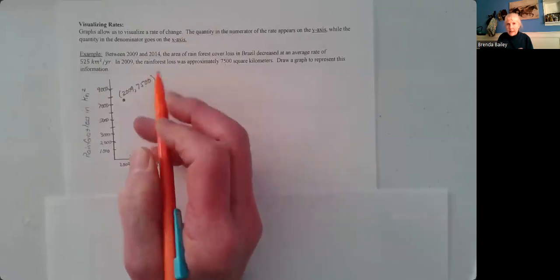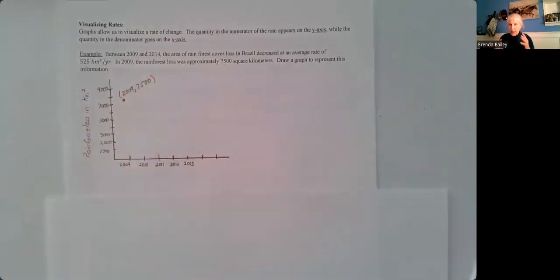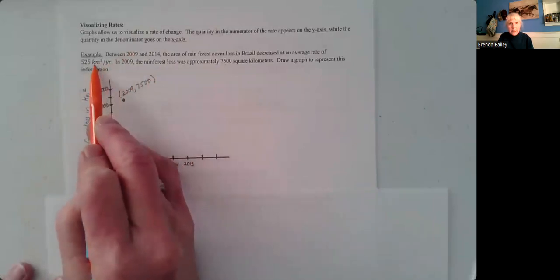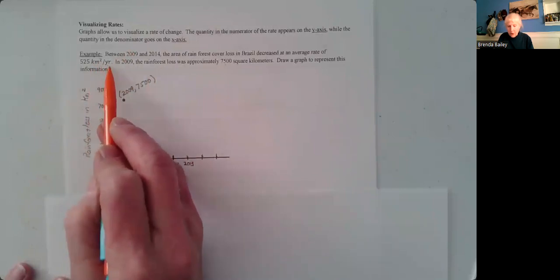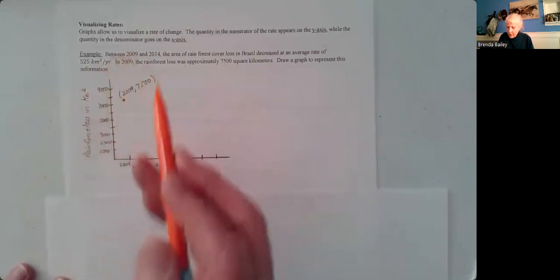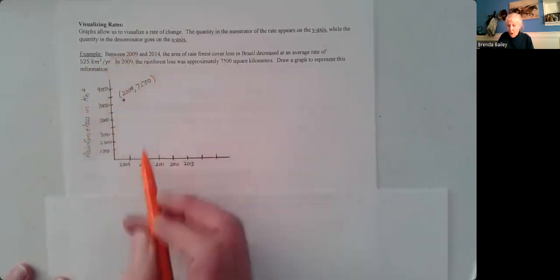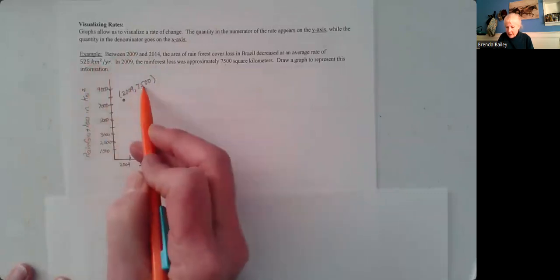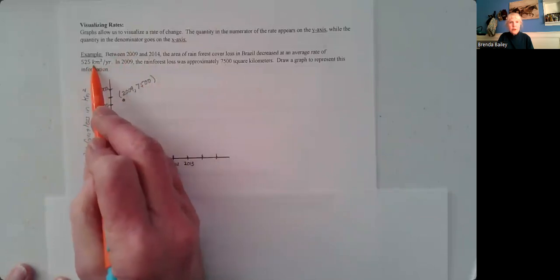So our slope, or this rate of change, is telling us if we change it by a year, this is how much it's going to decrease for each year. So if we go to 2010, which is 1 year from here, this is going to decrease by this much.